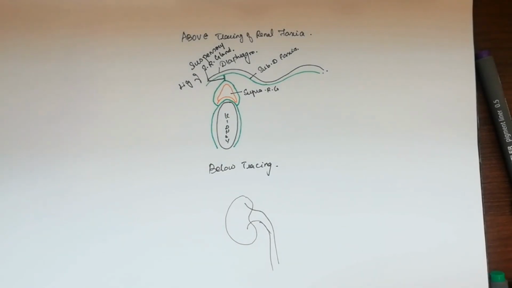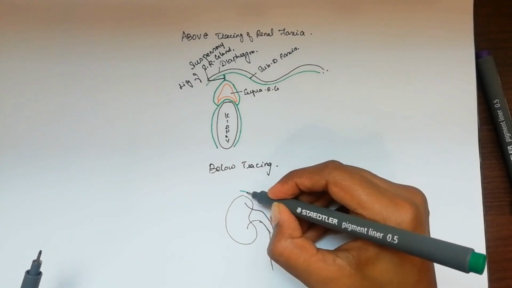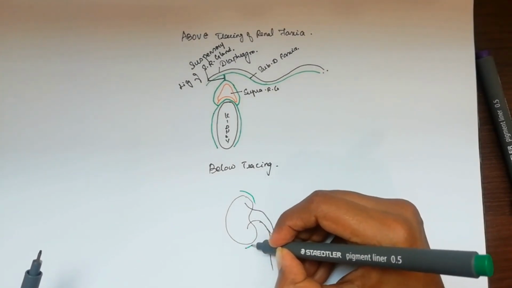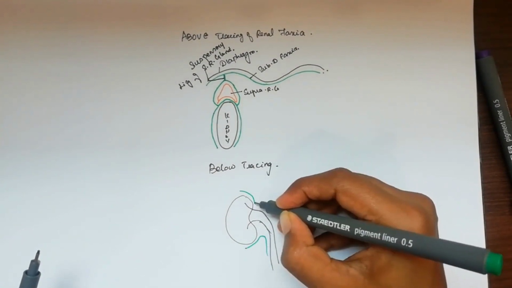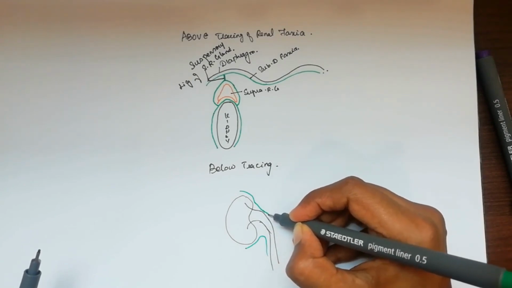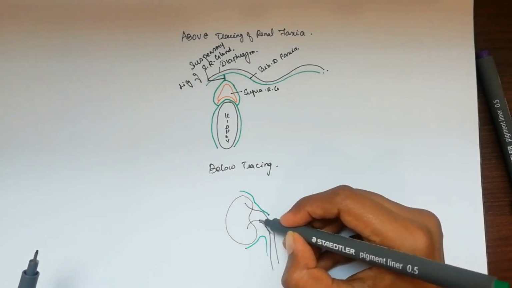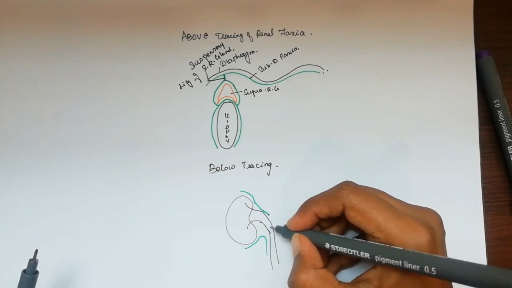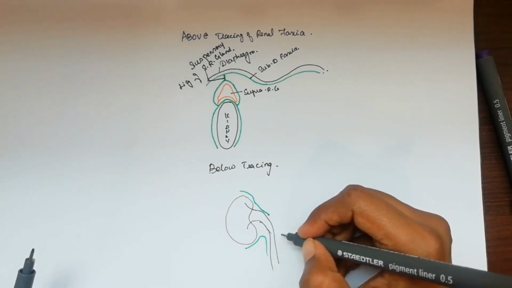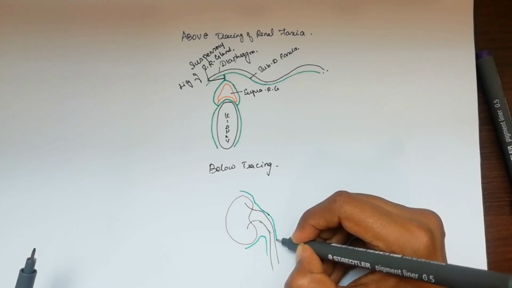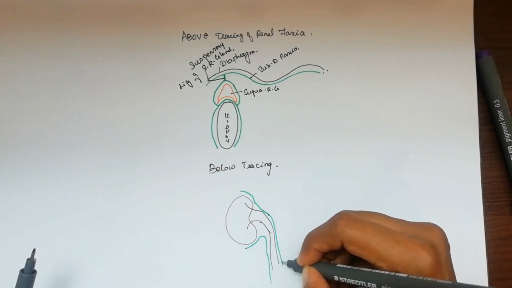So now we have got the fascia coming below and it is going to cover the whole of the ureter. So in the lower end it is going to cover the whole of the ureter, and then it is going to continue without fusing.